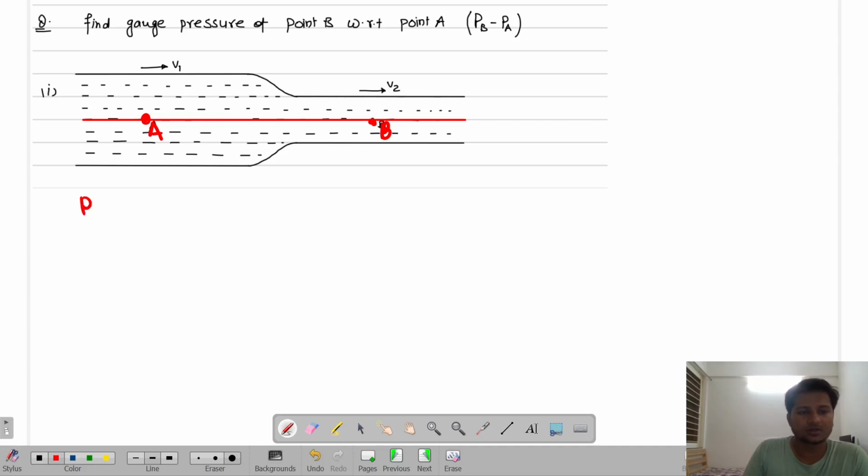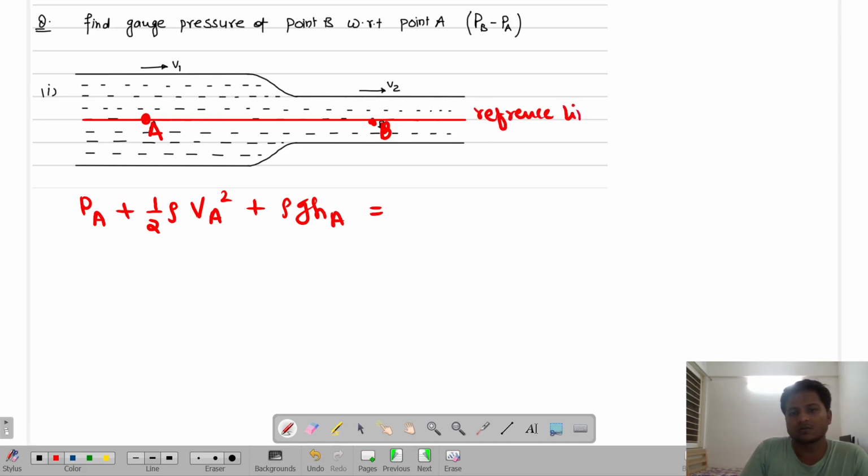So pressure at A plus half rho V at A square plus rho g h at A. If this is my reference line, then height of A will be equal to height of B and that will be equal to 0. So pressure at B plus half rho V at B square plus rho g h at B.